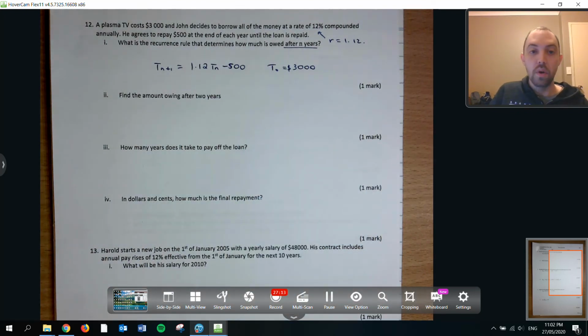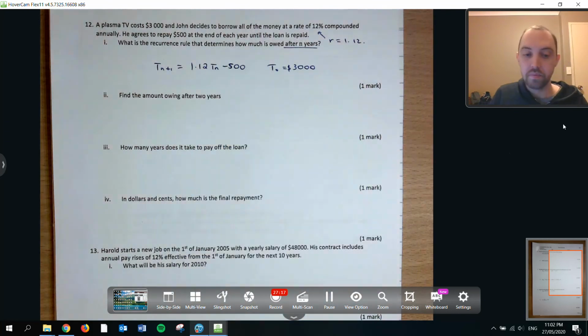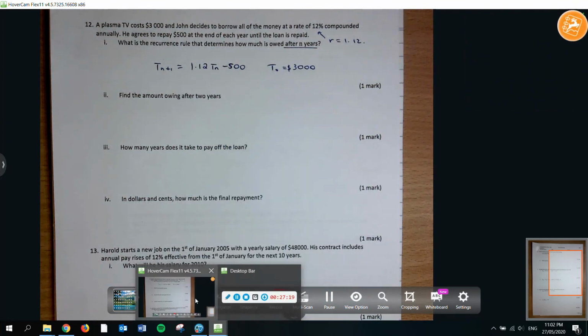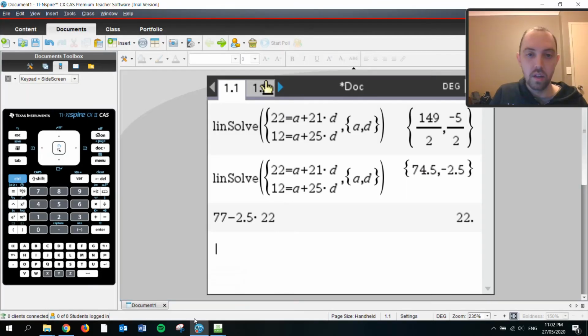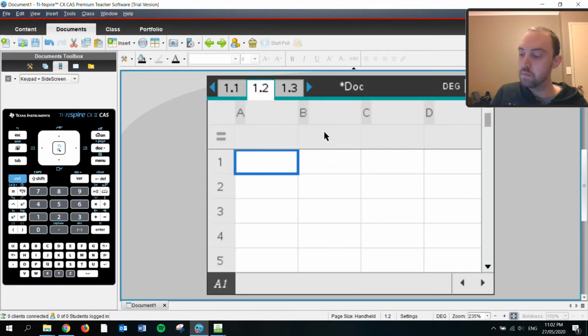Find the amount owing after 2 years. Okay, well, I'm going to go straight to the calculator in my sequences page. So I'm just going to open a new page, spreadsheets. So this amount, T1 is going to be equal to 3,000 times 1.12, take my 500.